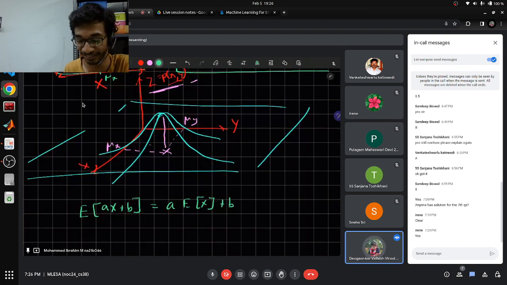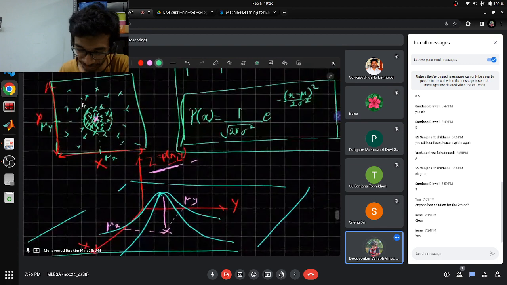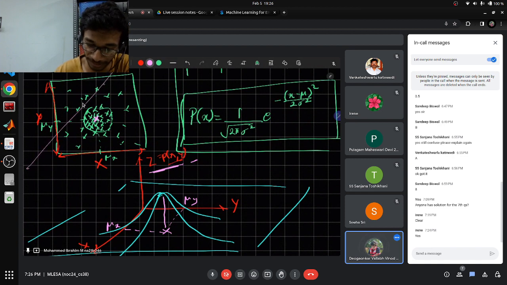It's just a line. Maybe you should draw in 2D. So for this mu x point, imagine there is a line ax plus b. This is not this y. Maybe I should not draw it on the same plot.